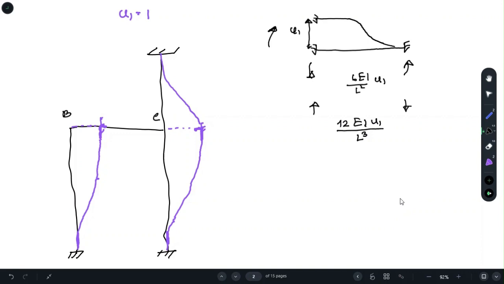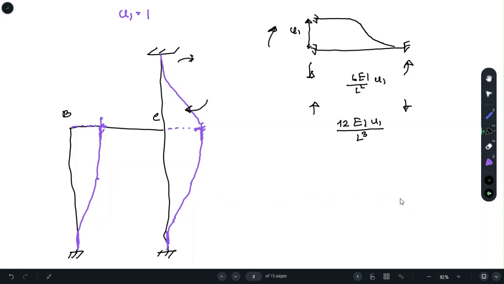Let's say we're considering this point. Say the displacement is occurring in this direction, which is anti-clockwise. So we'll apply clockwise moment, which is this.